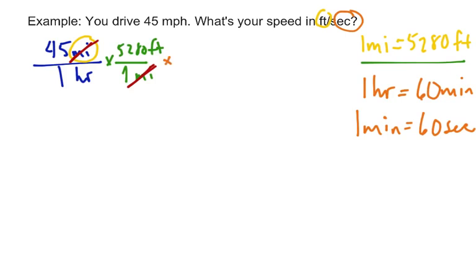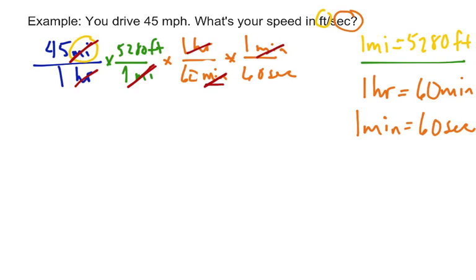I'm going to do that by, I have an hours on the bottom, so I'm going to put hours on top. 1 hour on top is the same as 60 minutes. And what that'll do is it'll cancel the hour with the hour, and now we're left with minutes. We don't want feet over minutes, we want feet over seconds, which is why I'm going to need a second fraction here, that 1 minute is 60 seconds. Then our minutes are going to cancel, and we'll be left with just seconds. Feet per second when we look at just the units.